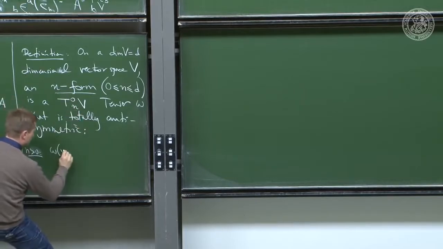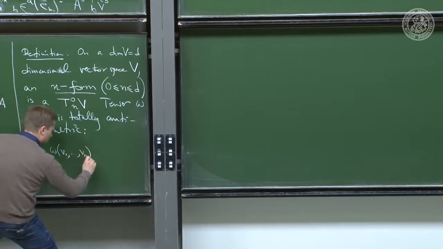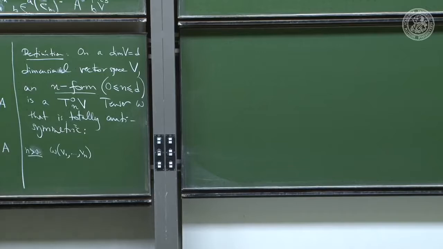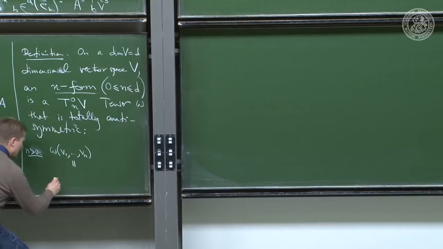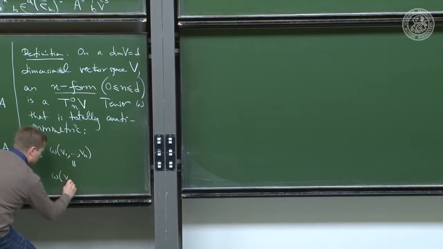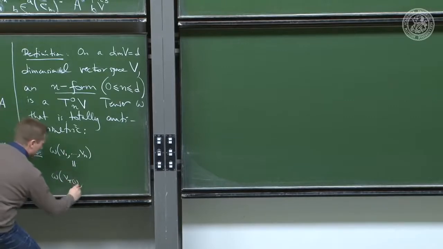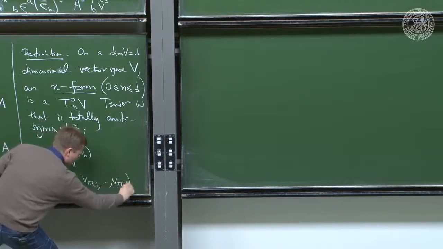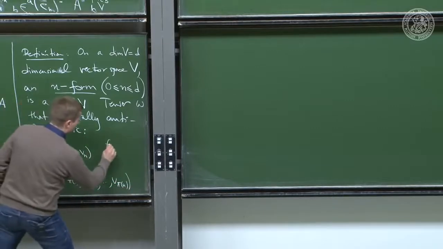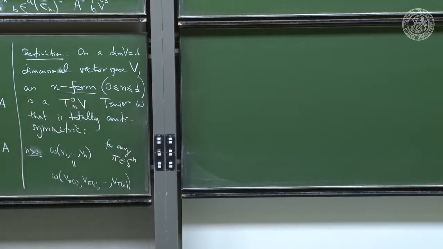So I can plug in the vectors v1 down to vn, because it's a 0-n tensor. But it has a special property: the result of this is the same as if you took a permutation of these vectors. So you map 1 by a permutation pi to another number, say 7, then v pi of 2, down to v pi of n, for any permutation pi in the permutation group S_n.